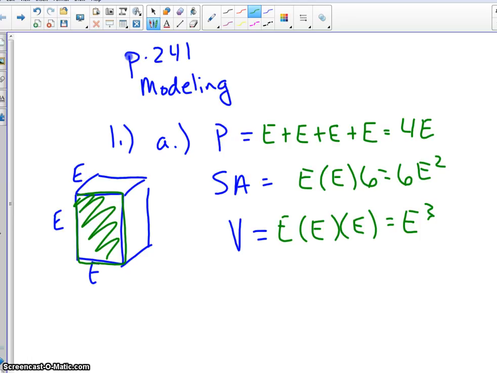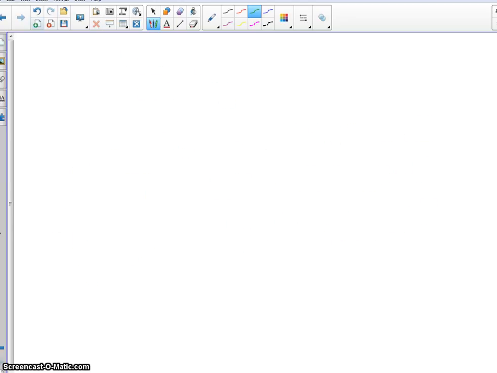Now part B, what they're asking you to do is to make a table showing the face perimeter, total surface area, and volume of each storage cube for the edge lengths from 0 to 6 feet in steps of 0.5 feet. What they mean by that is to start off with your edges going from 0. So you're going to make a table here to go 0 and then 0.5, and then 1 and then 1.5, and continue this all the way up to 6.